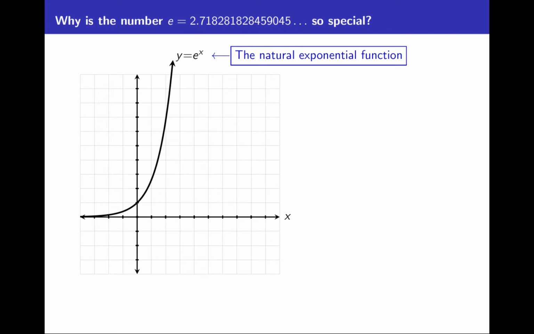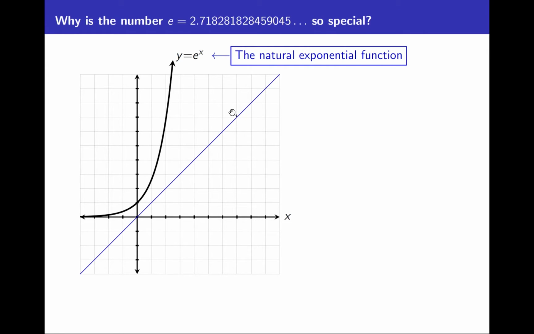You're aware of the fact that the exponential function e to the x is called the natural exponential function. Now that base e, approximately 2.71828, is bigger than 2, but slightly smaller than 3. So this natural exponential function lies above the graph of y equals 2 to the x, but below that of y equals 3 to the x.